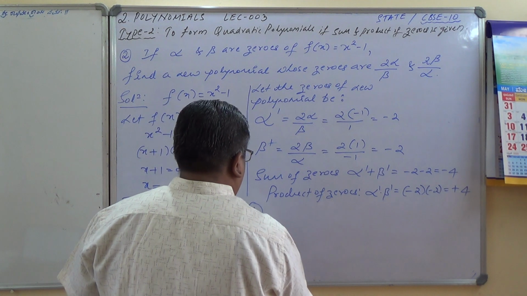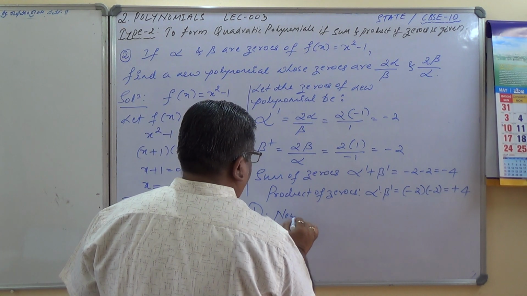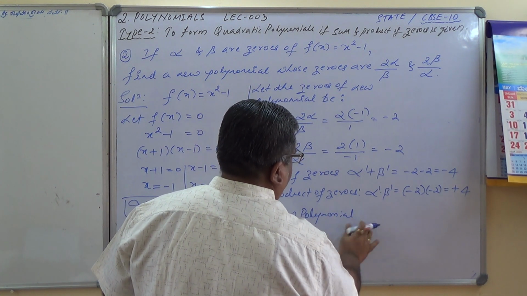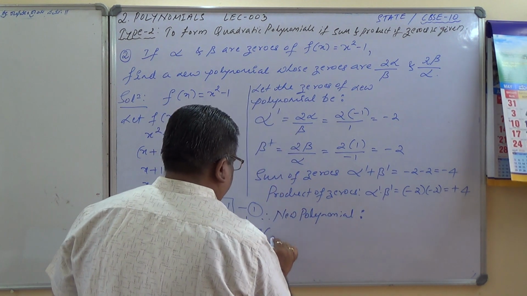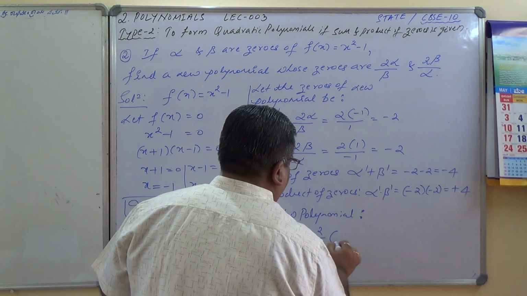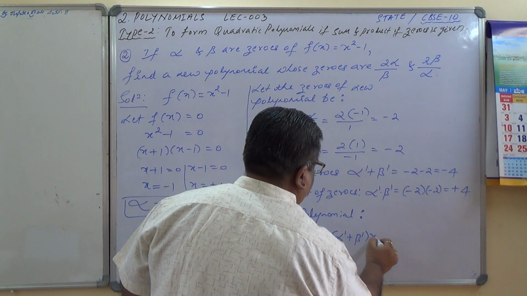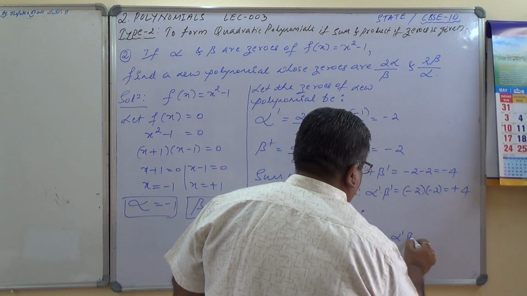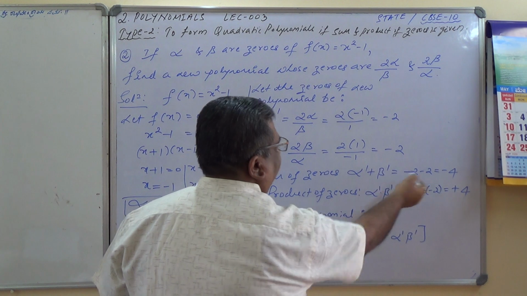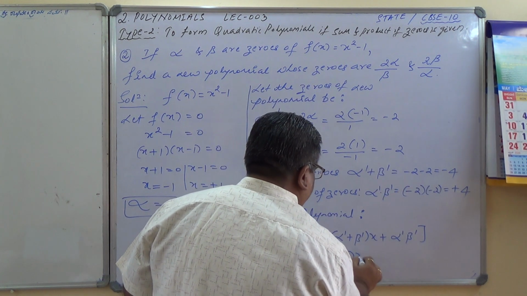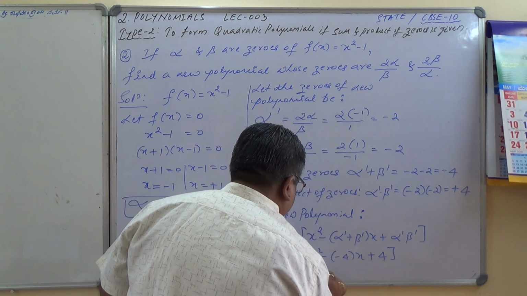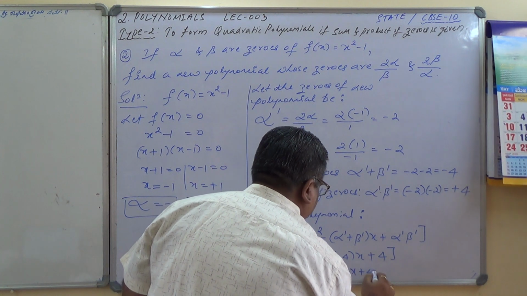And therefore the new polynomial is given by g of x equals k times x square minus (alpha dash plus beta dash) times x plus alpha dash into beta dash, which equals k times x square minus (minus 4) x plus 4, which equals k times x square plus 4x plus 4.